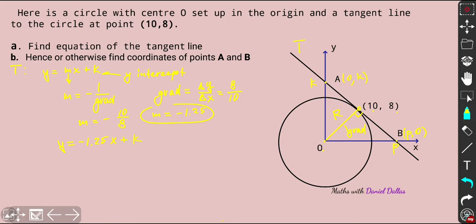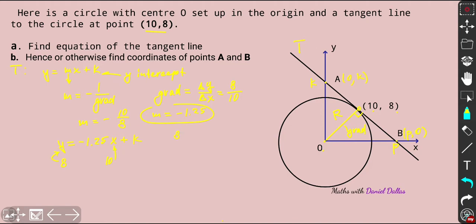Right now we know the equation should look like y equals negative 1.25 times x plus k. How do we find the k value? We need to finalize with finding k, which will give us the complete equation for the tangent. We can plug in the point (10, 8) because the line goes through it. So 8 goes instead of y and 10 goes instead of x.